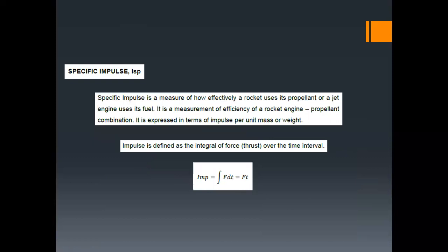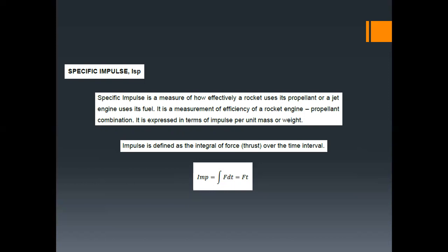Specific impulse is a measure of how effectively a rocket uses its propellant, or a jet engine uses its fuel. It is a measurement of the efficiency of a rocket engine, expressed in terms of impulse per unit mass or weight. It depends on whether we take specific impulse by mass or by weight.